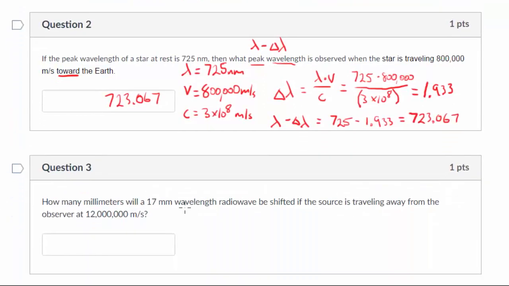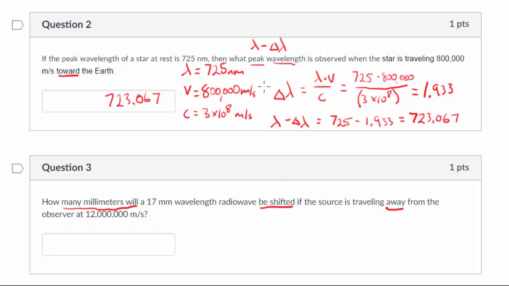Let's take a look at the next one. How many millimeters will a 17 millimeter wavelength radio wave be shifted if the source is traveling away from the observer at 12,000 meters per second? Now, we have to read this carefully and notice that it's asking how many millimeters it will be shifted.